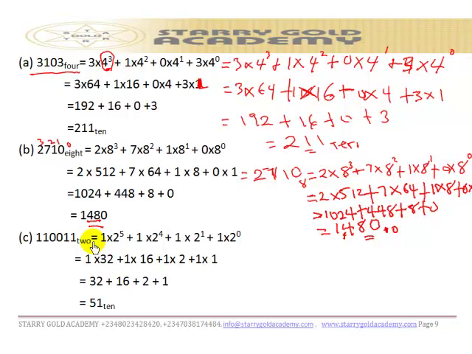If you don't want to, you might not, because base 10 is a natural number. It's part of the numbers we use in our daily life. Buy goods, buy food, buy this, buy that. So 1480 can be written without the base. It is permitted, but only in base 10.